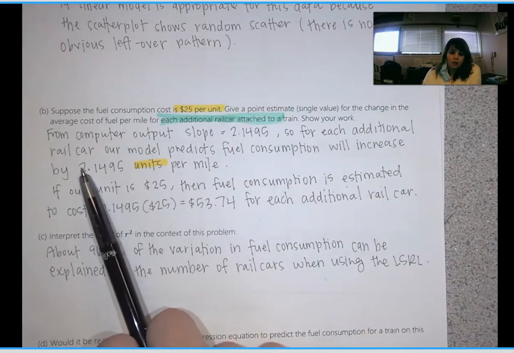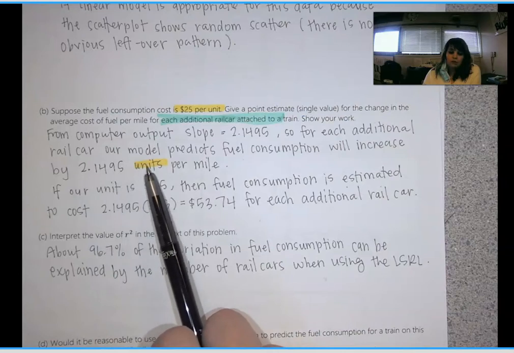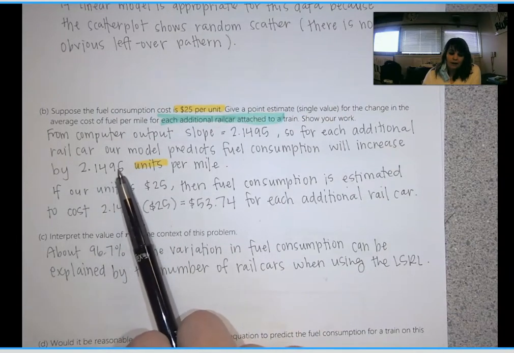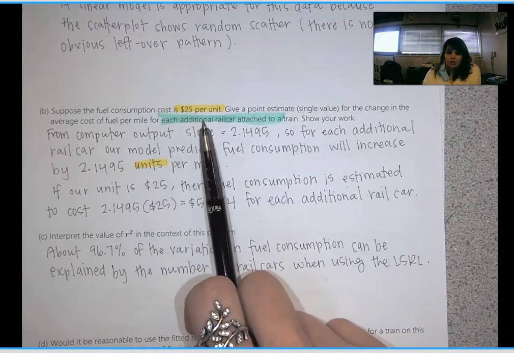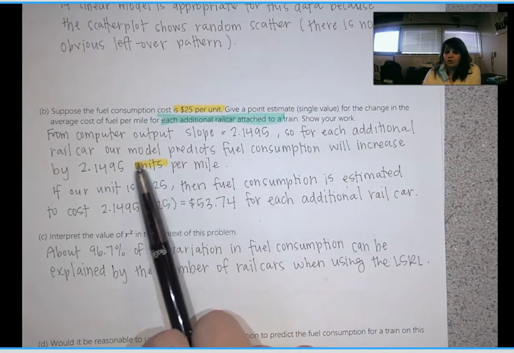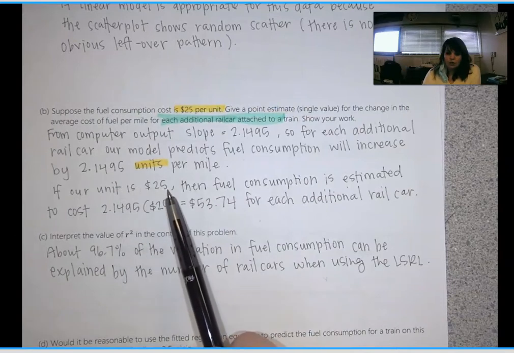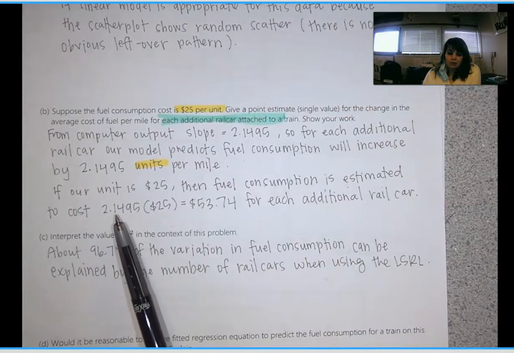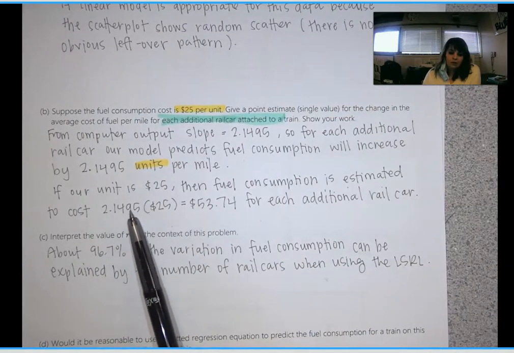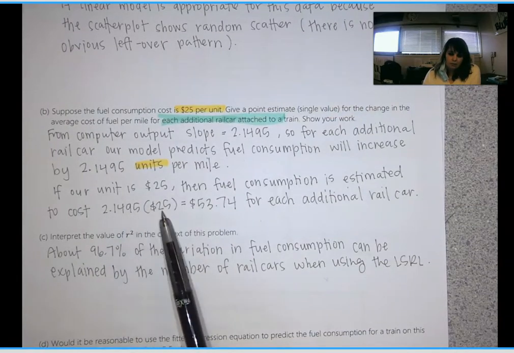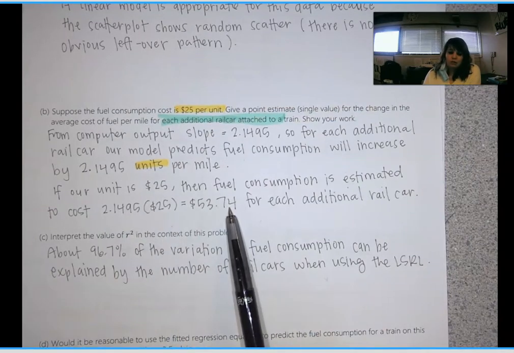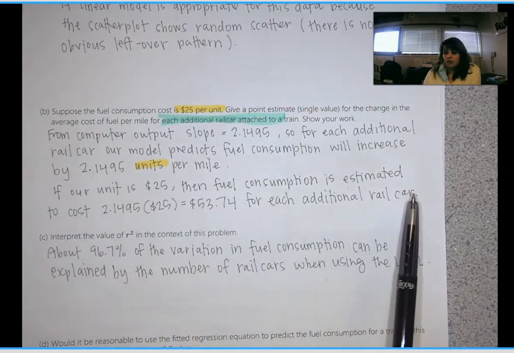It's not going to go up by 2.1495 units. It's going to go up by 2.1495 times 25, because that's our unit. So if our unit is 25, then fuel consumption is estimated to cost the amount that it increases by multiplied by the cost. So about $53.74 for each additional rail car.